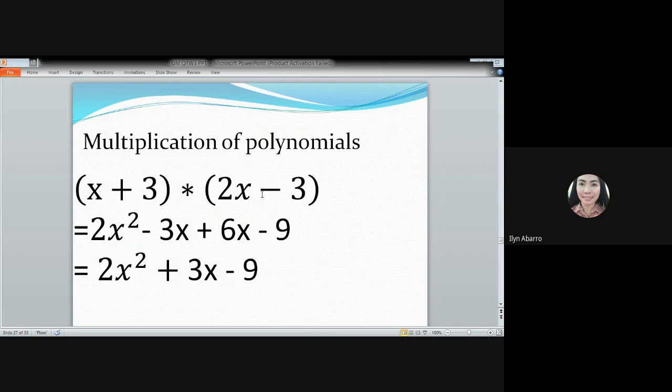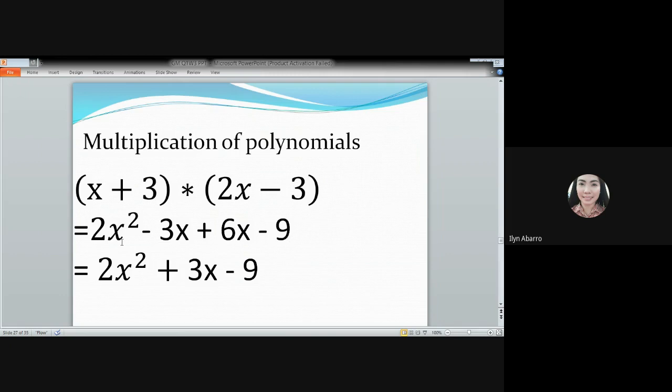So x times 2x is equal to 2x squared. Okay, actually this is distribution. So x times negative 3, that is the outer terms for O from the FOIL method. X times negative 3 is negative 3x. And then the I is for the inner terms. 3 times 2x is 6x. And then the L for the last term. 3 times negative 3 is negative 9.